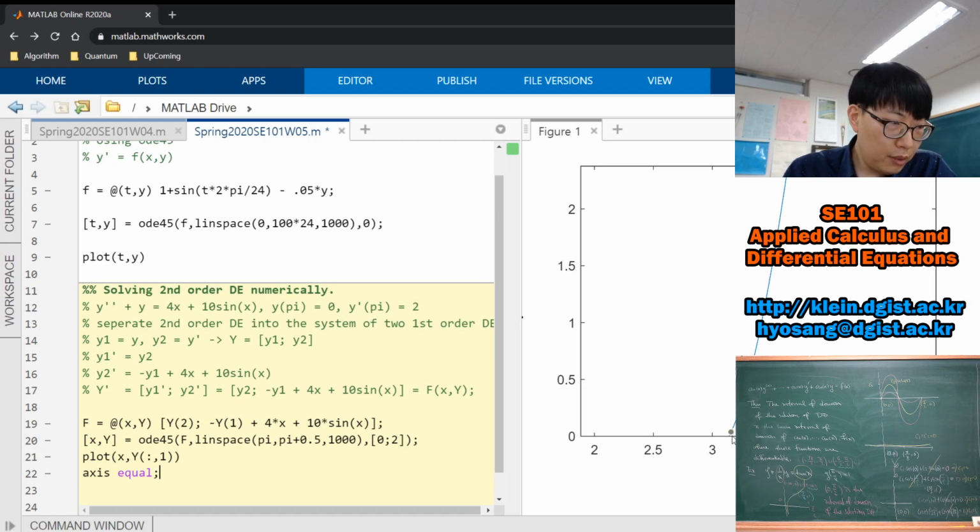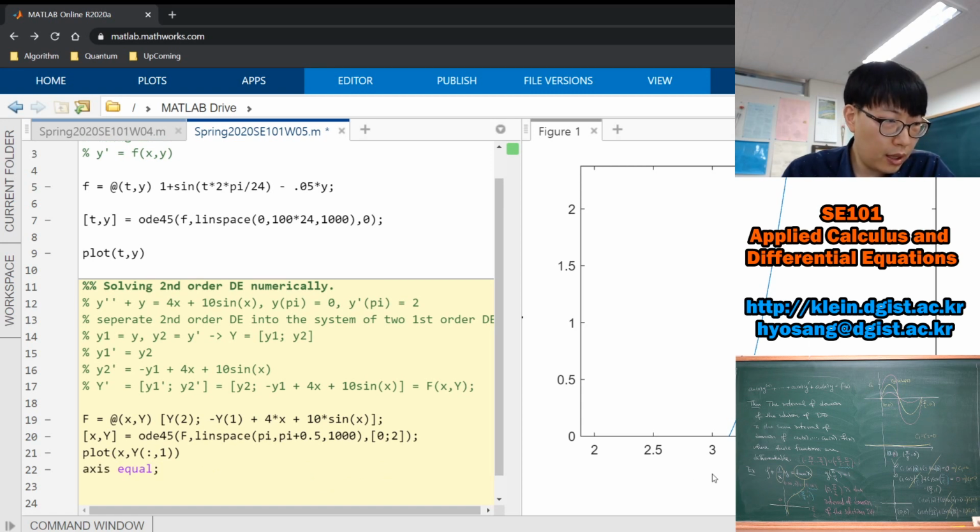So at 3.1 you have a curve passing through 0 and 2. Now I scale the axes to be equal by putting the axis equal command. So you see the slope is 2, which is the condition: y prime of pi equals 2.